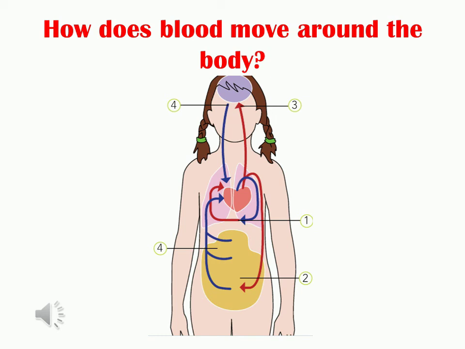In step number 2, the blood collects the nutrients from the small intestine. What nutrients? From the food that we eat. In the next step, number 3, the blood releases oxygen and nutrients into the body organs.